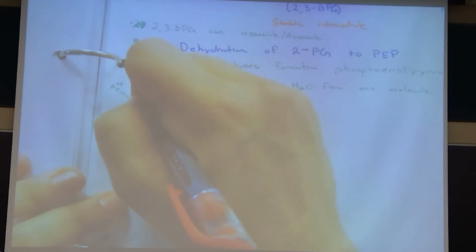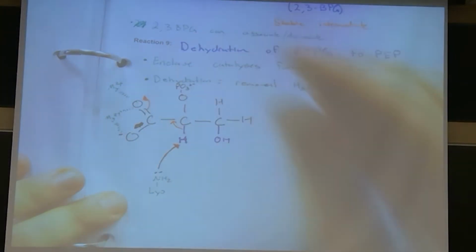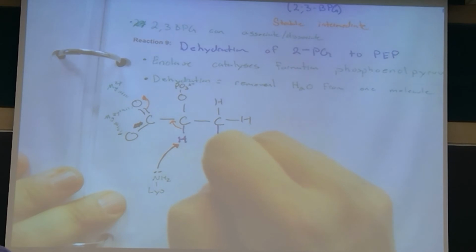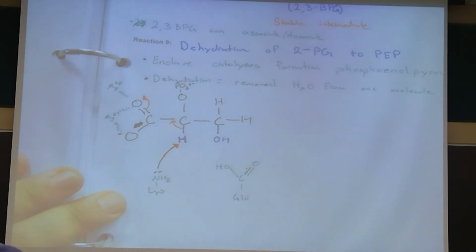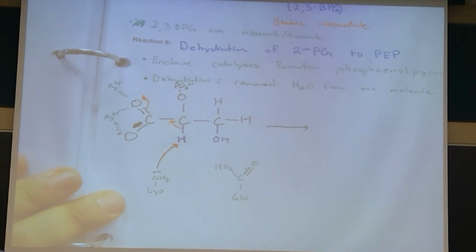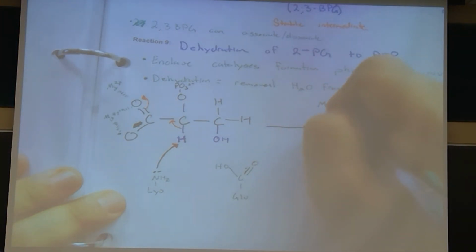Arrangement leaves us with a very stable intermediate. It also has an active site glutamate, glutamic acid. Highly charged intermediate. You can see the need for stabilization by the active site.